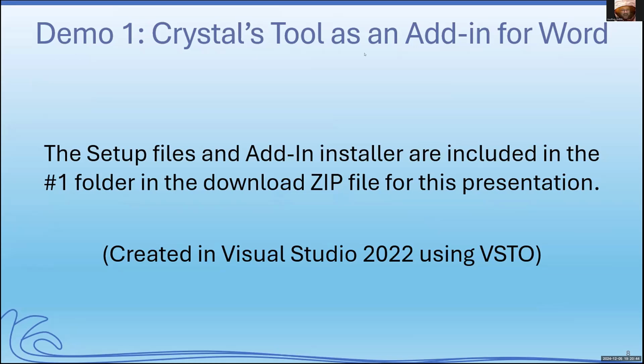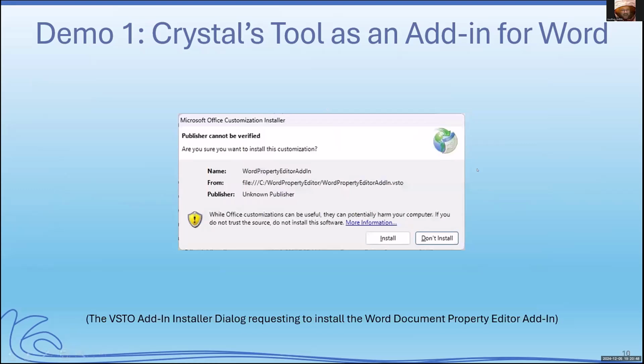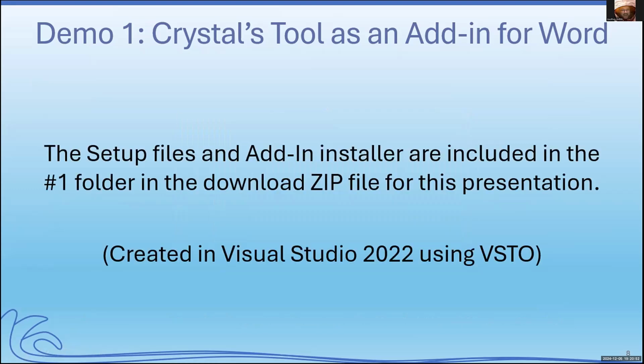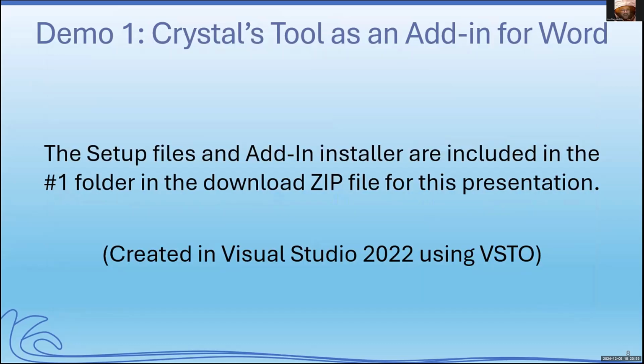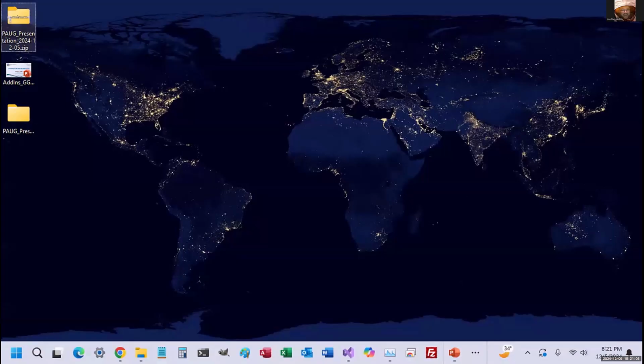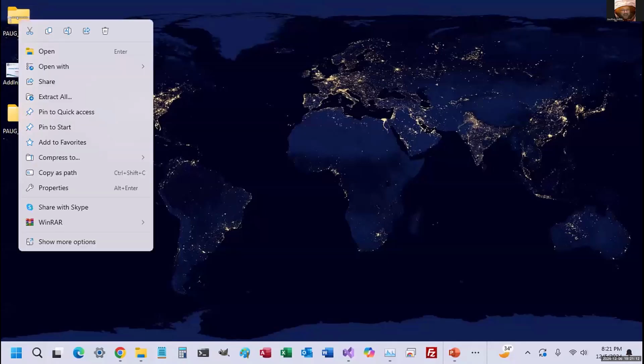So my first demo is Crystal's add-in. It's the add-in I made for Crystal. Let me switch over here to the download file. I downloaded the files that I had put up on my website, so you can download and see all the demo files and the presentation.